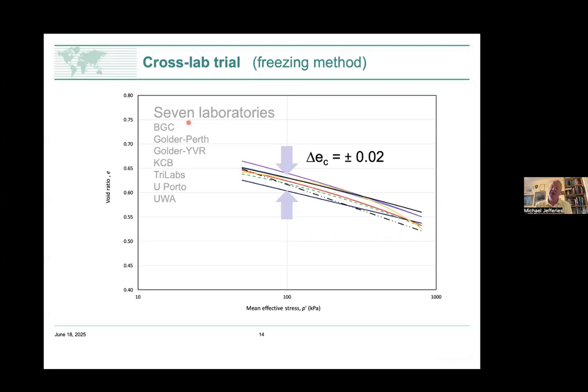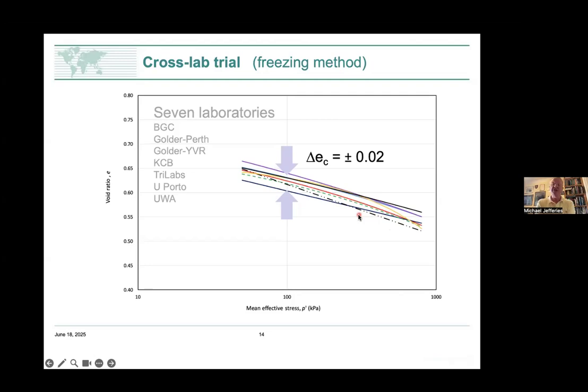This also means when you come to analyze tests, it's perfectly permissible to say, well, my void ratio the lab told me could have been out by plus or minus 0.02. In fact, the biggest problem here was at the higher stress levels. That's where we got more uncertainty between the various labs.